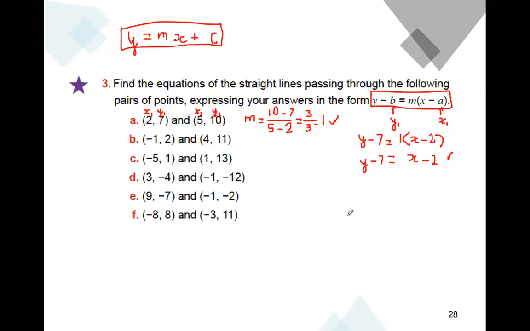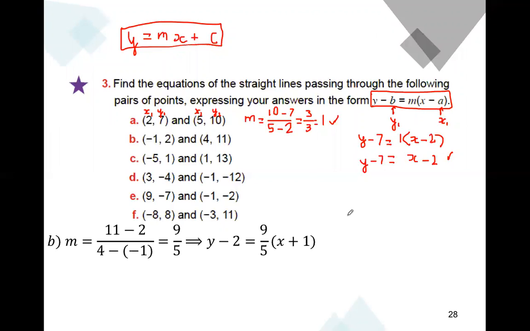So for the first one, we did that together. The next one, if I choose, for m, again, y2 minus y1, 11 minus 2, divided by 4 minus 1, which is just 9 over 5.